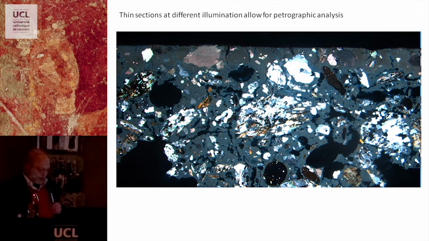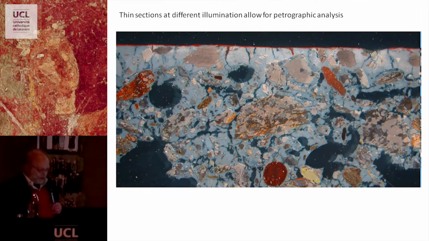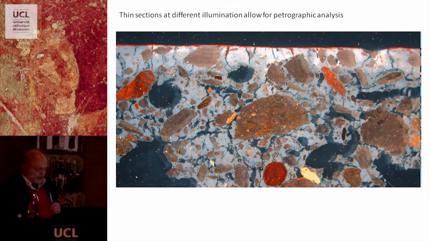This looks rather like a spathic calcite, but usually this is marble. Then if we change again the illumination, we can see the color layer, which is a strong red here. So I just changed the illumination with one and the same section without changing the position of the section.